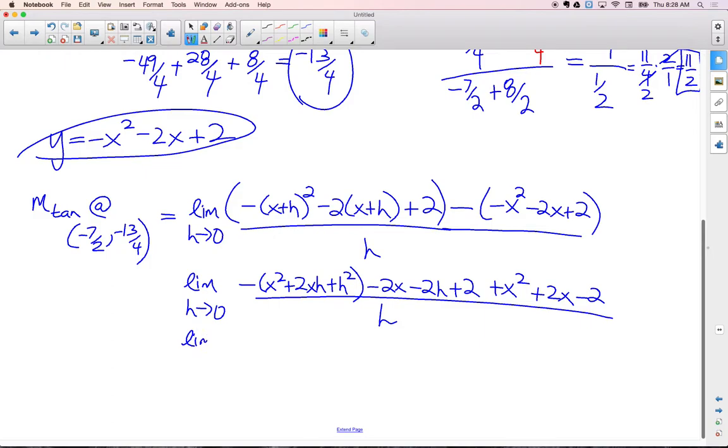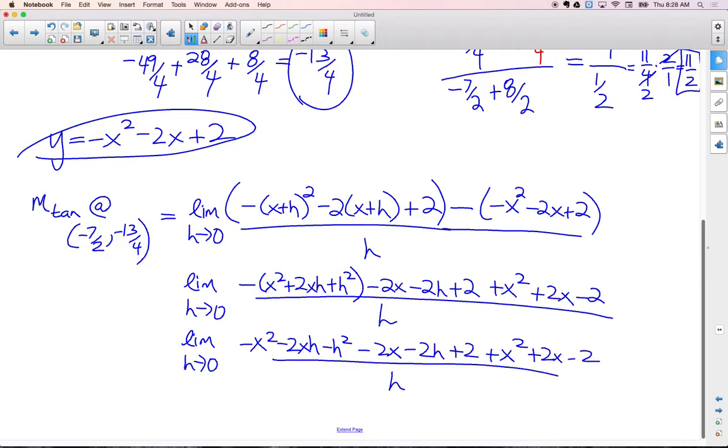That'd be the limit as h approaches 0 of negative x squared minus 2xh minus h squared minus 2x minus 2h plus 2 plus x squared plus 2x minus 2 all over h.